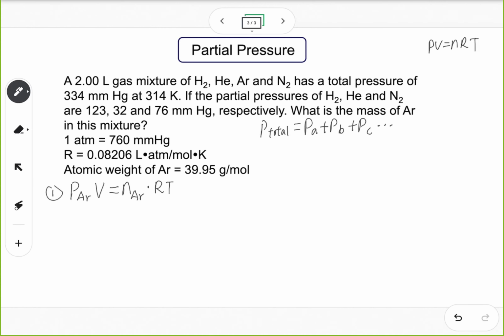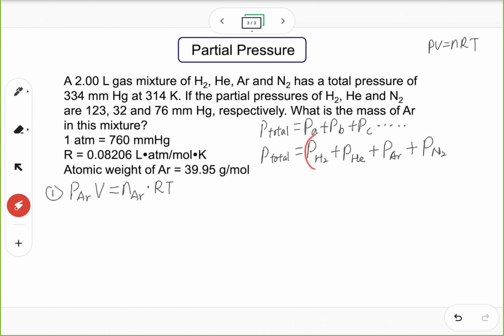So you have P total, and that equals P hydrogen plus P helium plus P argon plus P nitrogen. You know the partial pressures of hydrogen, helium, and nitrogen, and you know the total pressure. So the partial pressure of argon should be possible to calculate.